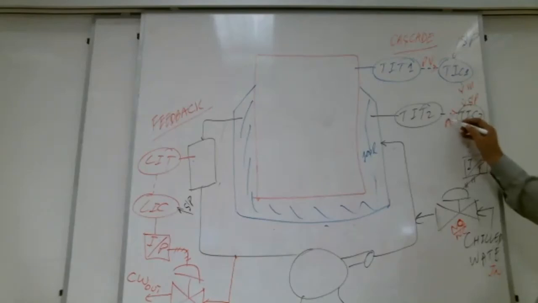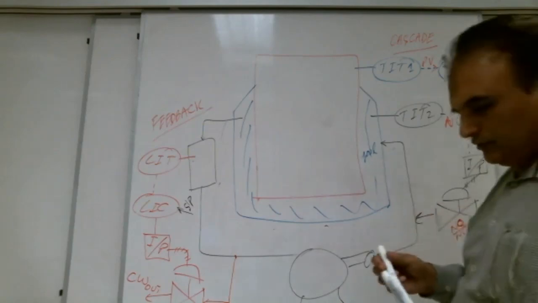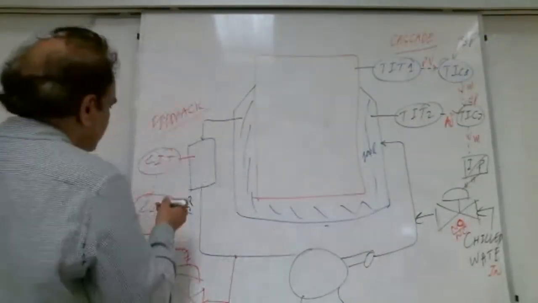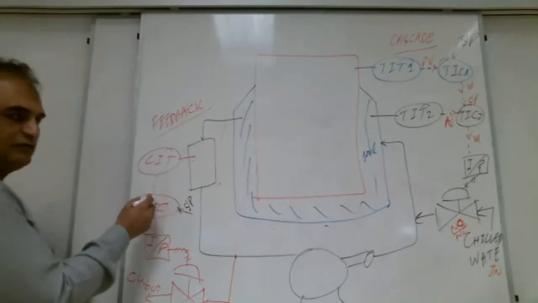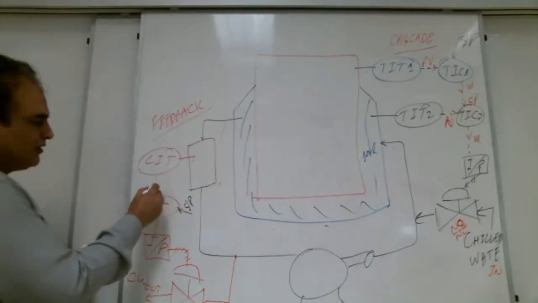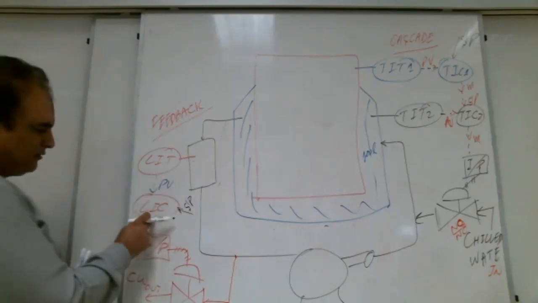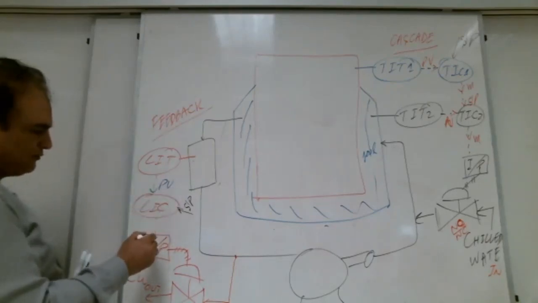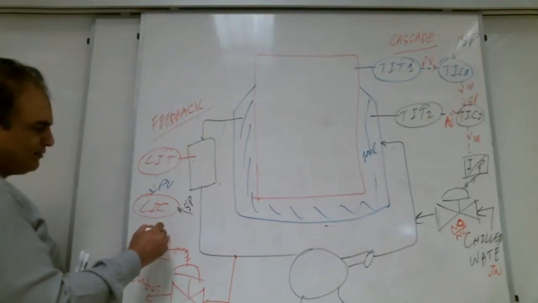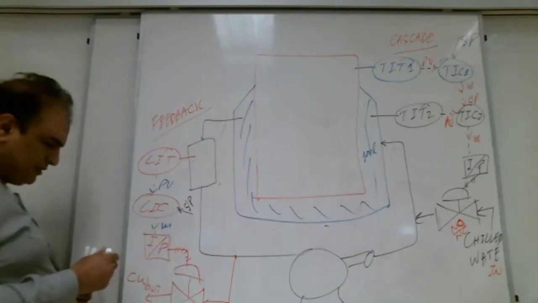Left. Left. PV. What is the up, down? Down. M. Yes, Shabab. Up, down? Down. What is the name? PV. Up, down? Down. What is the name? Output. M. Yes, Shabab.